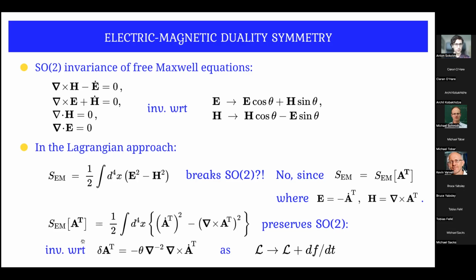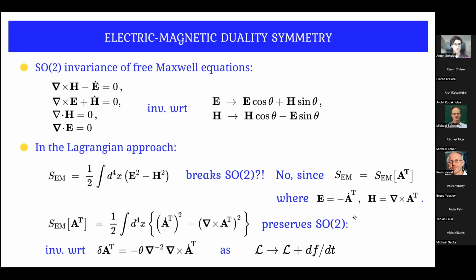So you see there is an inverse curl operator involved, and this operator is well defined because it acts on the transverse part of the vector potential. You can check explicitly that this transformation changes the Lagrangian by only a time derivative. So really the action remains unchanged.